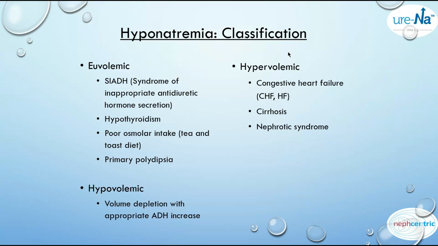Causes include SIADH, which is also called syndrome of inappropriate antidiuretic hormone secretion, hypothyroidism, poor osmolar intake, the tea and toast diet, and hyponatremia can be due to volume depletion from many different causes.